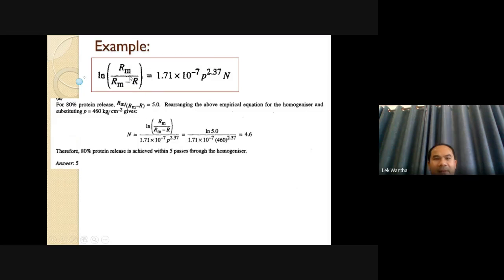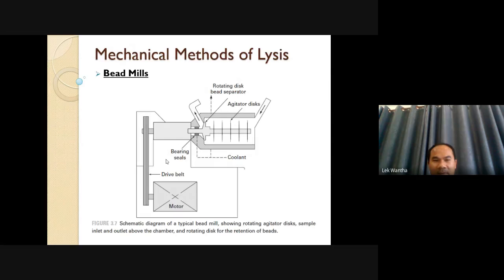And then for this case, you can calculate N. N is equal to log Rm divided by Rm minus R divided by this term. You substitute this 5, P is 440, you get N is 4.5. But we have to round up to 5. We have N equal to 5, and you can release 80% for that case. Okay.